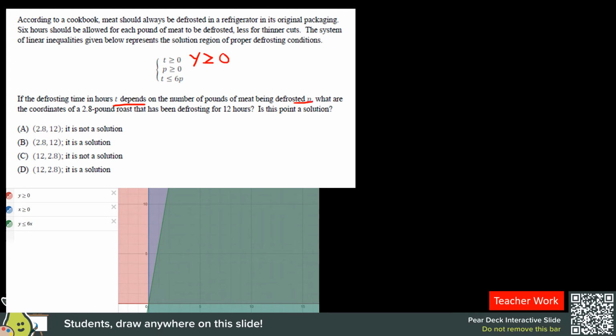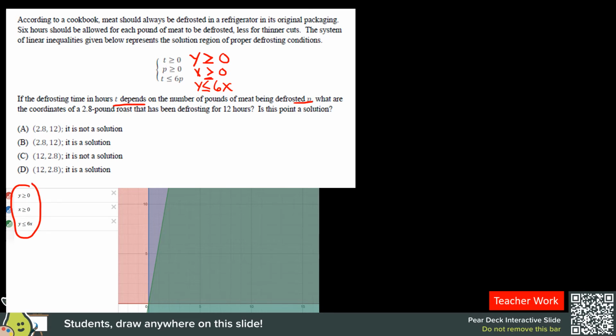And then p is our independent, so that means that p is our x, and that's going to be greater than 0. So if t is y and p is x, then we need to have this t here would be y is less than or equal to 6x. And so what I did is, once I had these inequalities, I put these into Desmos. These equations match these here.